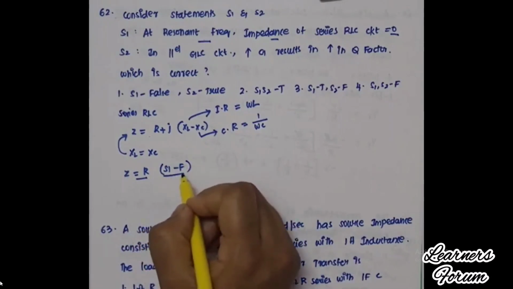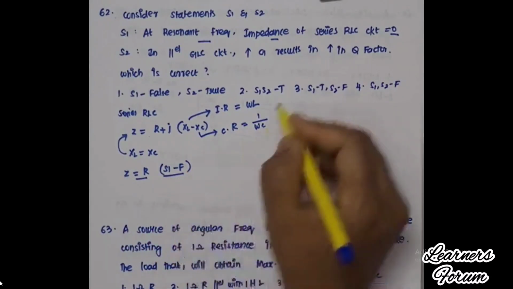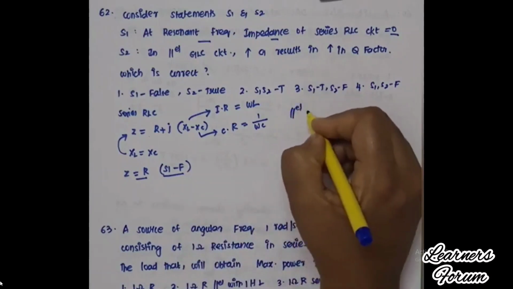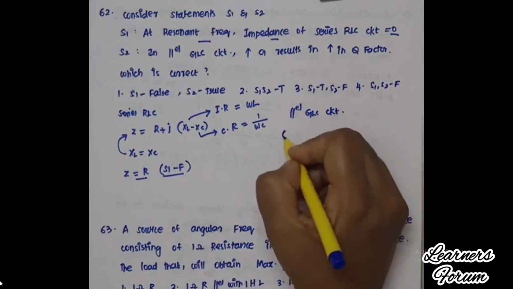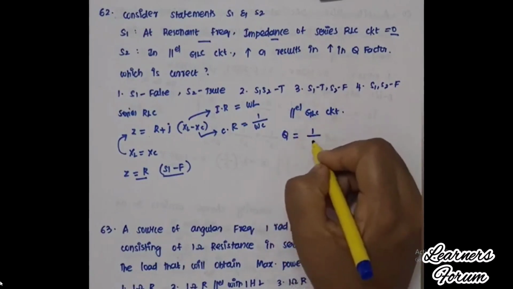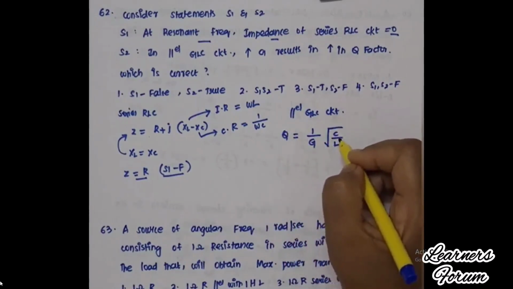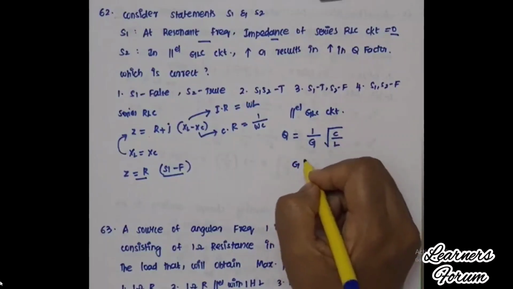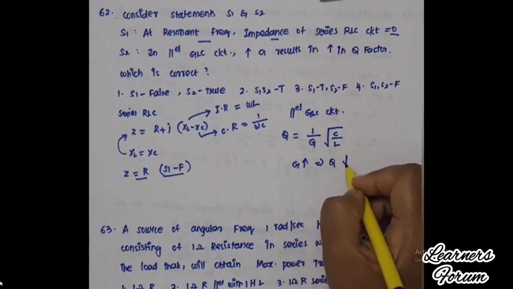Now let us analyze the second statement, which is about a parallel GLC circuit. Under the parallel type, the Q factor is equal to 1 by G into the square root of C by L. So we can see that it is inversely proportional to G. Whenever G increases, the value of Q decreases.